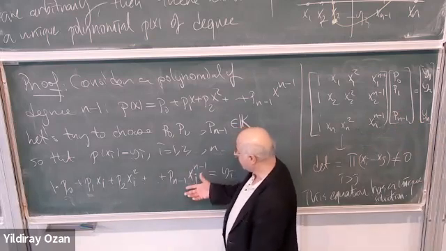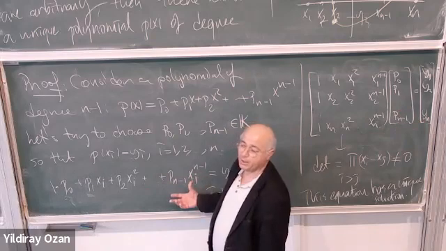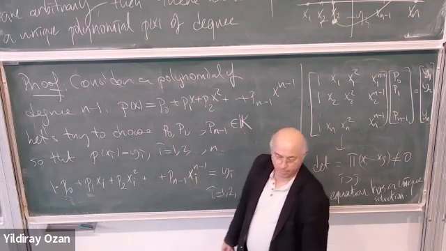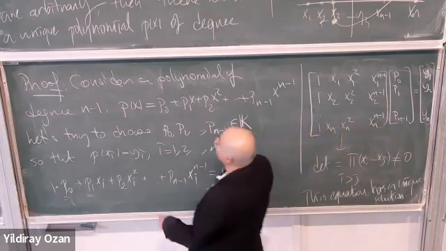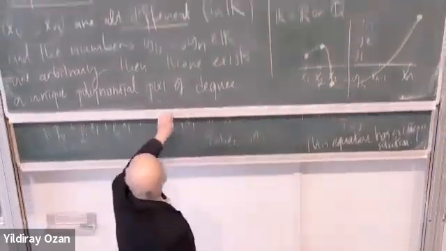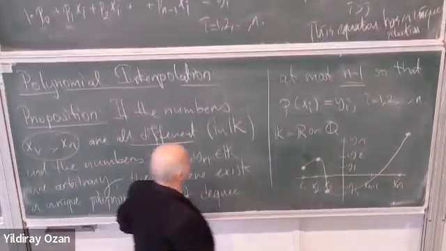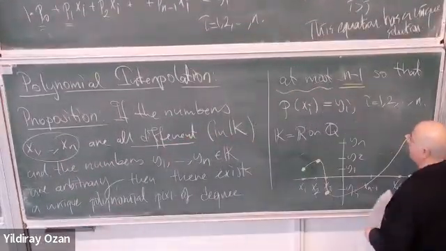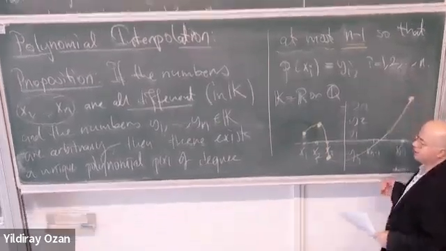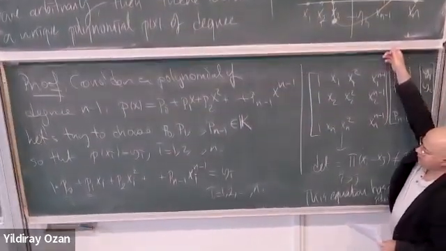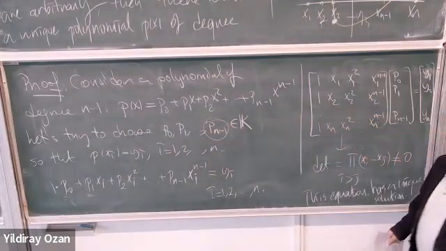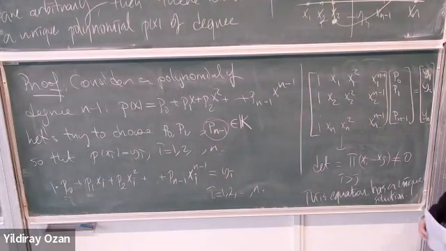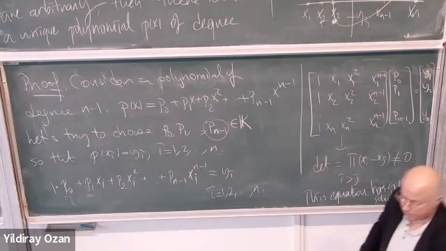In that case, of course, the degree of the polynomial will be less than n minus 1. That's why in the statement we say unique polynomial of degree at most n minus 1, because it is not clear why this coefficient is not 0. Maybe it is 0. But this tells me that there is a unique solution.